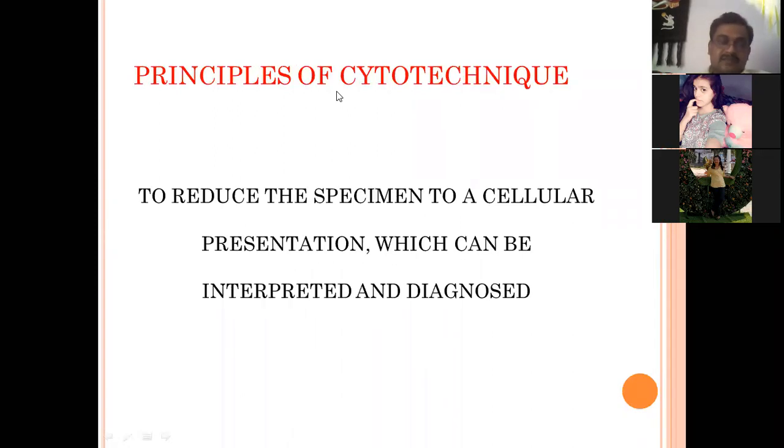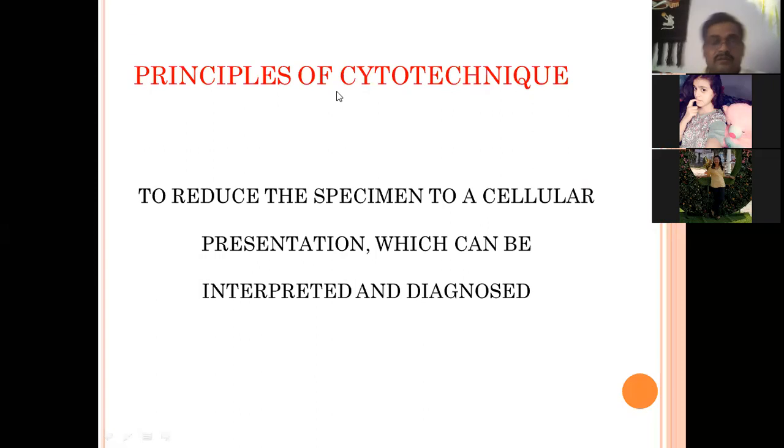Other than this, the justification for cytopathology is that, as I was telling, the physiology of these epithelial cells gives you a rough idea of the ongoing disease process in those cells. Therefore, these exfoliated cells must be analyzed properly, both quantitatively and qualitatively.